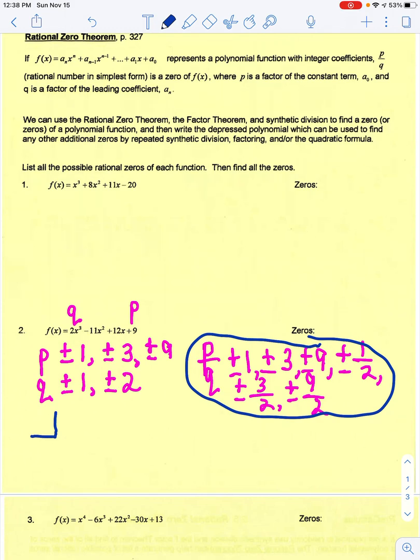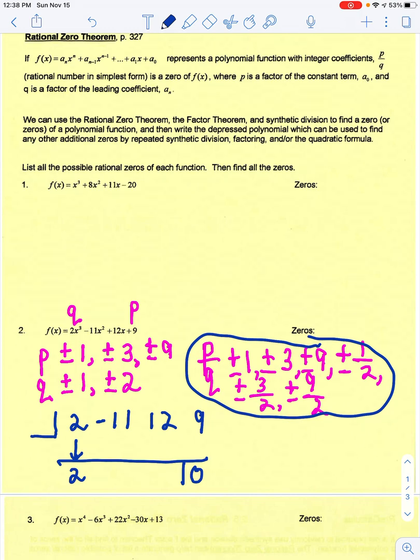So as I look at my polynomial, I don't have any missing powers, so it looks like I can go 2, -11, 12, and 9. And remember, in synthetic division, you drop down the leading coefficient, and we're looking for a remainder of 0 if the number we test is going to be a 0 of our function.